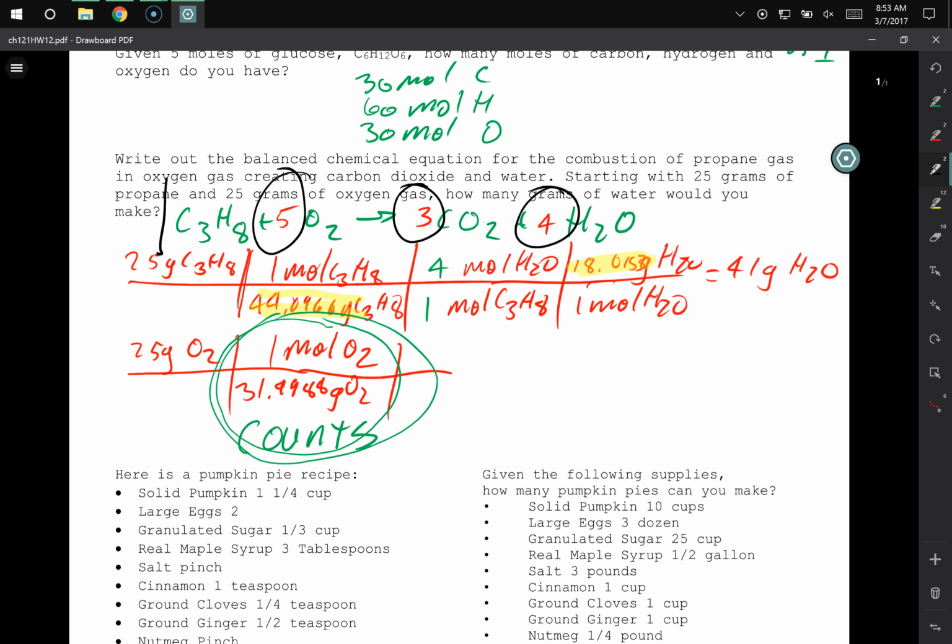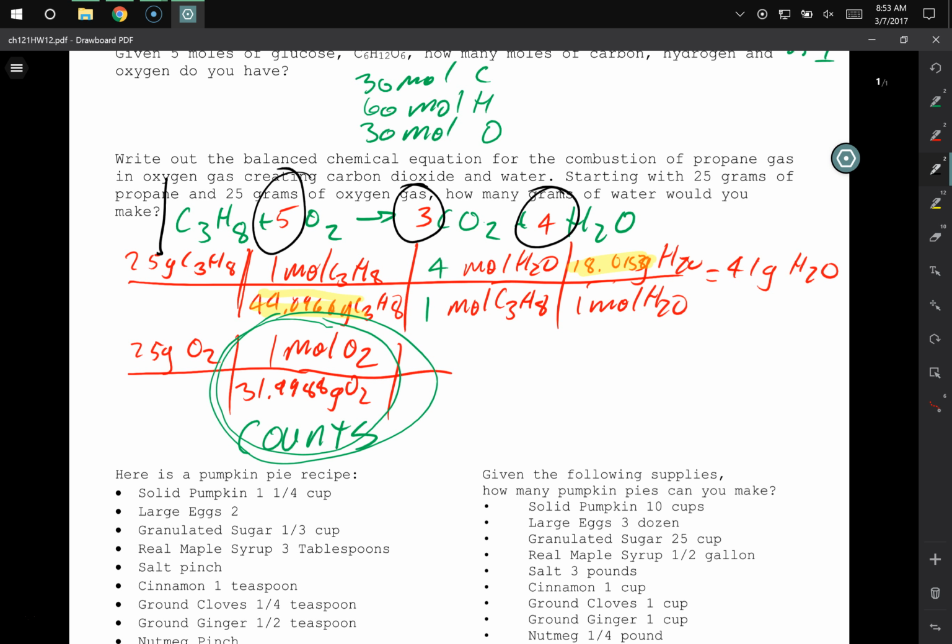Because there are so many of them, I can't sit there and count them. It's a silly discussion when I say I've got 27 pounds of tricycle tires. I would just walk over there and count the tires. Why aren't I just counting how many O2 molecules are in my 25 grams? Because I would be dead long before I could count even a percent of them. So we're doing the counting by massing them out.